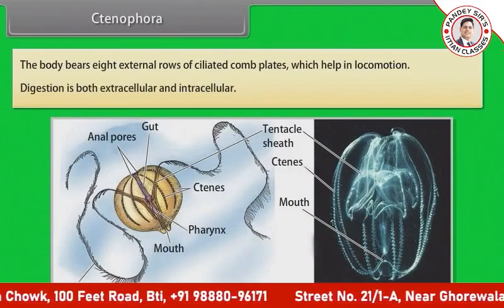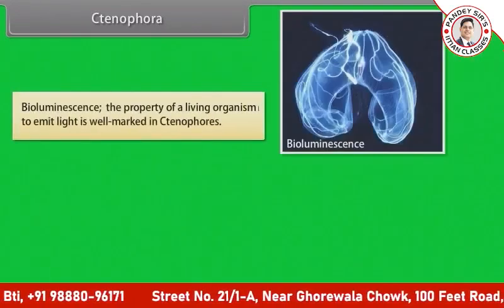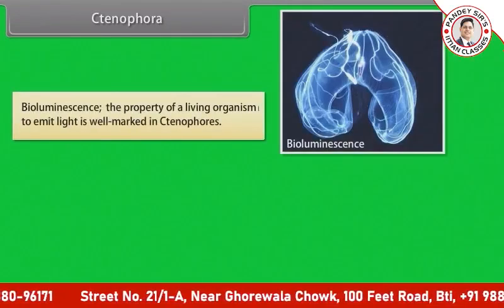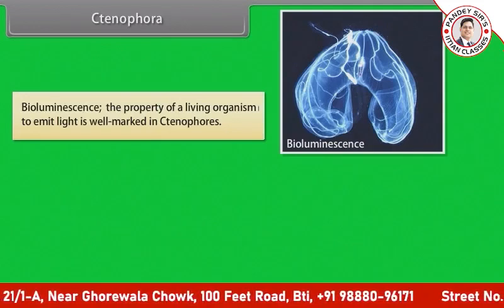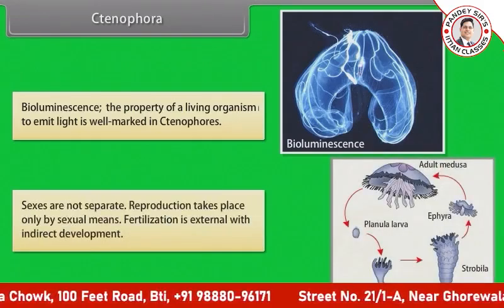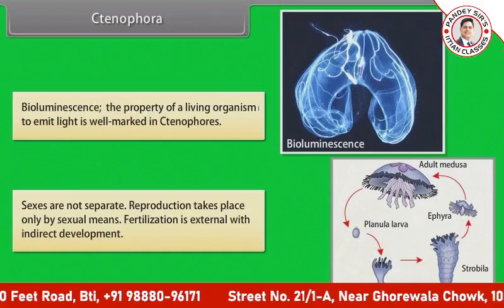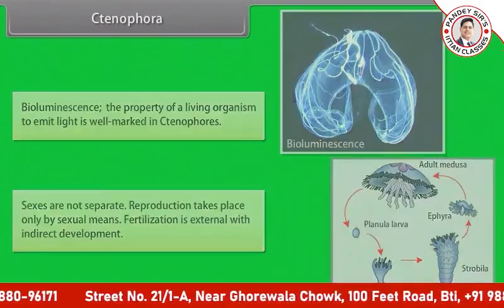Digestion is both extracellular and intracellular. Bioluminescence, the property of a living organism to emit light, is well marked in ctenophores. Sexes are not separate. Reproduction takes place only by sexual means. Fertilization is external with indirect development.